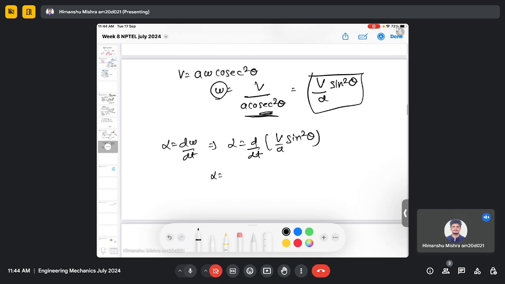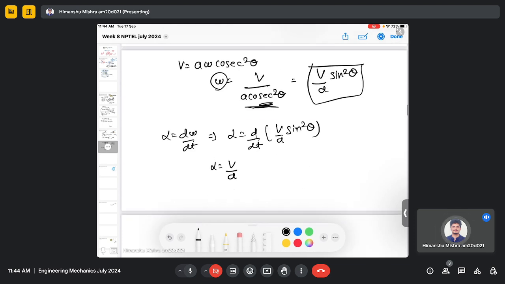Here v naught by a is not a constant in time, but if I differentiate this expression alone, sine square theta will become 2 sine theta cos theta d theta by dt.